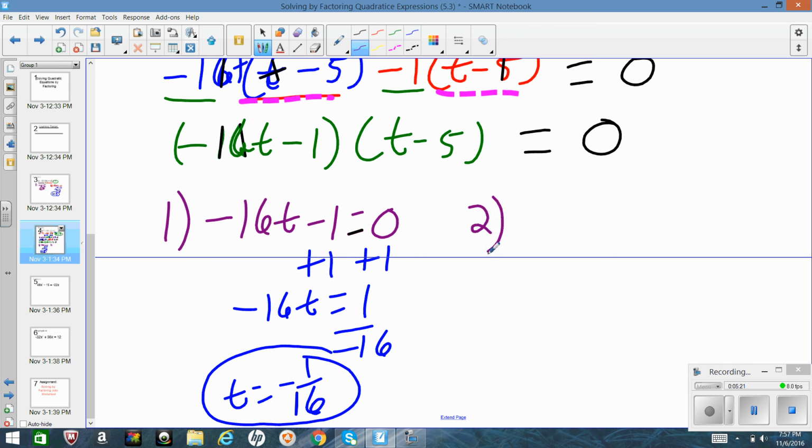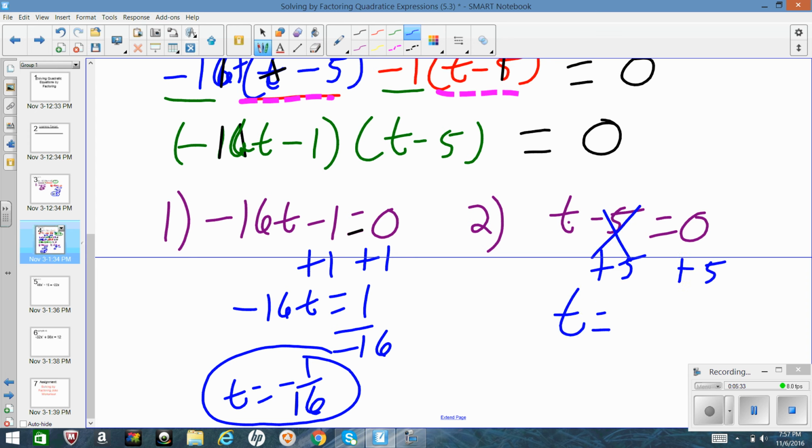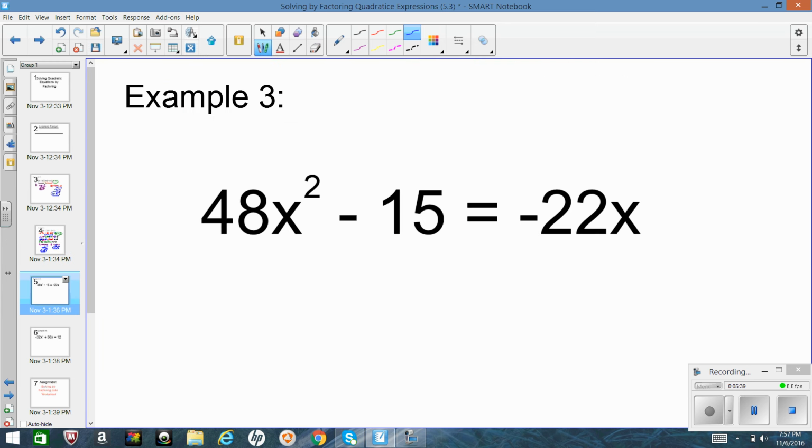Number 2, I'm going to take t minus 5 and set that equal to 0. Plus 5 to both sides, those cancel, so t would equal 5. And those would be my two answers.